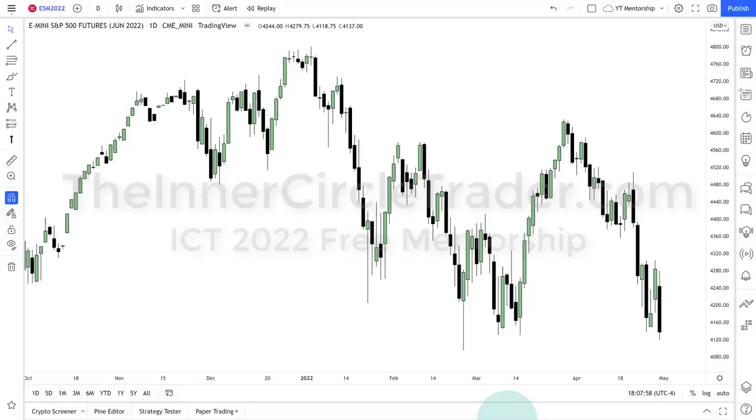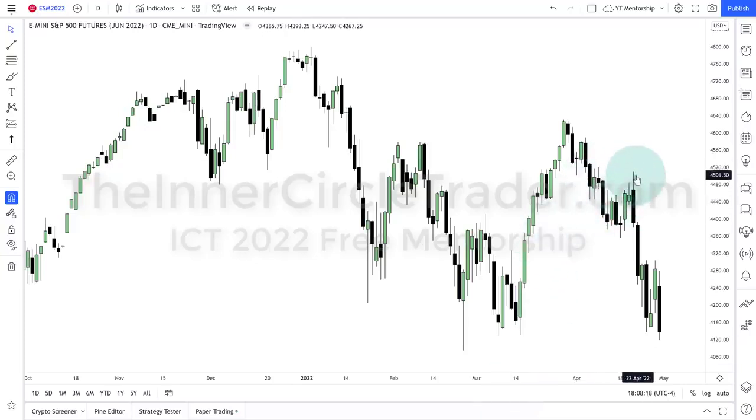So we are looking at the E-mini S&P daily chart. This is June delivery contract month for 2022. And I want to bring you back up to speed on what we were looking for over the last weeks or month or so. Remember back here, we had that bearish order block.